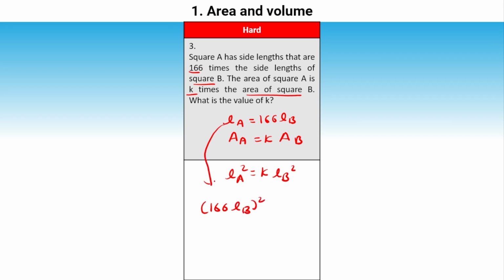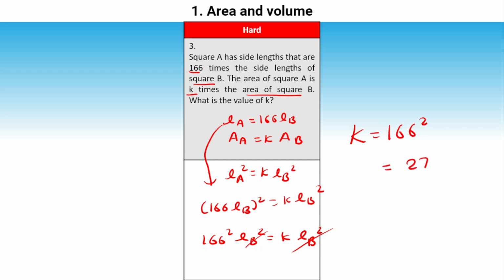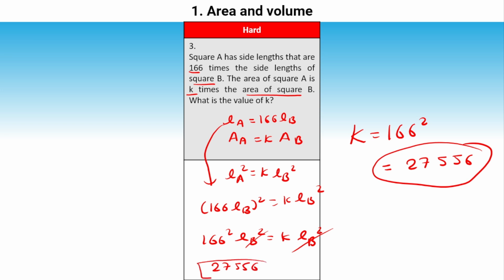From here, 166 squared lb squared equals k lb squared. So the value of k is equal to 166 squared, that will equal 27556. That is your answer. 27556 is your answer. You have to type this answer.